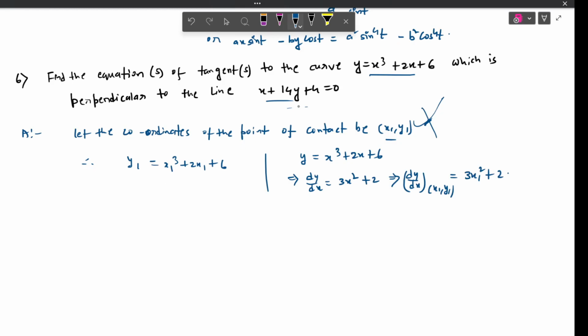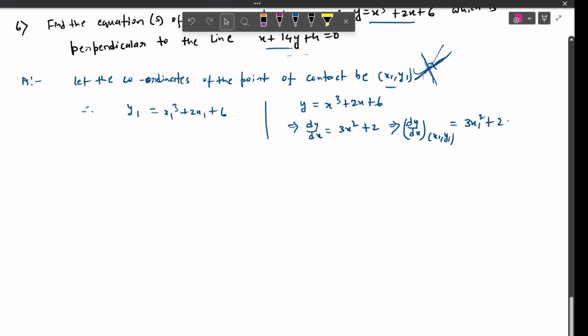Now see, the tangent is perpendicular to the line. Find the equations of the tangents to the curve which are perpendicular to the line. So both should be perpendicular, right?